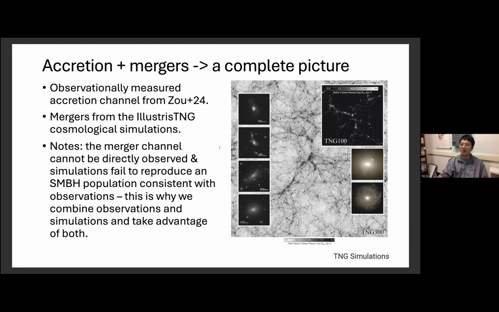That means the simulated accretion channel is not reliable, and I will talk about that later. So that's why we use the observed accretion channel and the simulated merger channel, and in this way we can take advantage of both of them, so that we can provide the most realistic picture of the whole supermassive black hole growth.